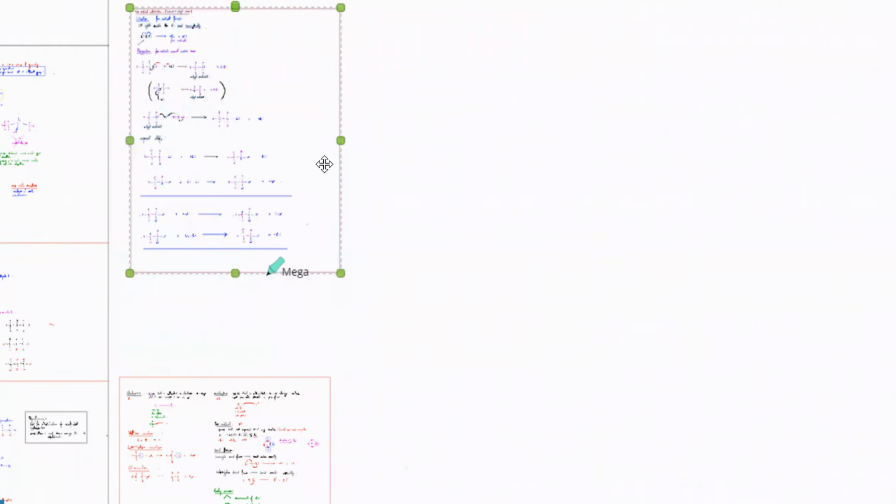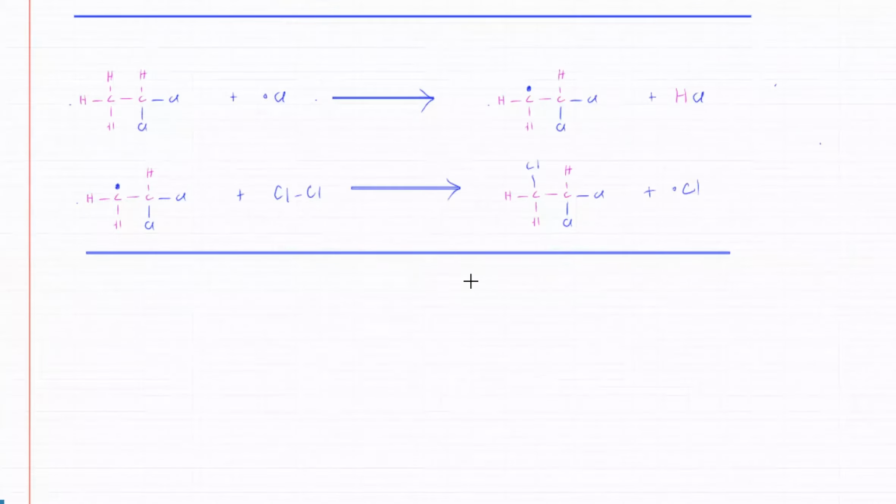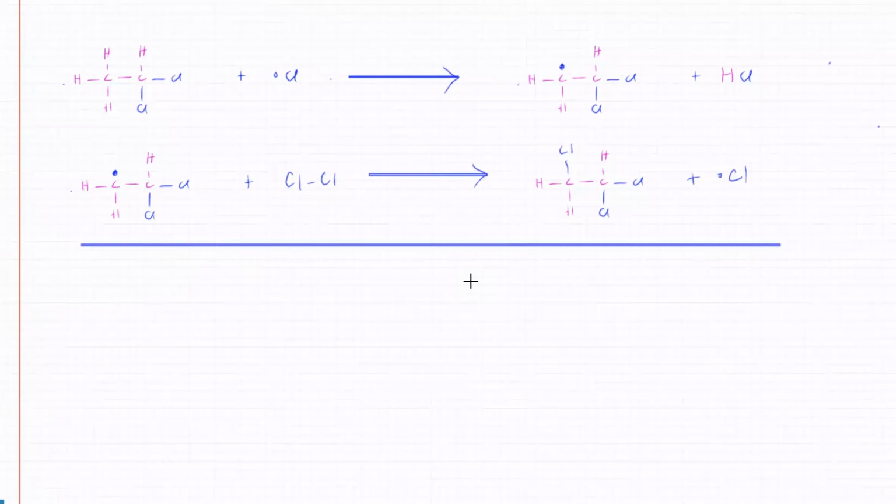Now in propagation, the total number of free radicals remained the same. So what's a termination step? Termination step terminates the reaction. So that's the third step.